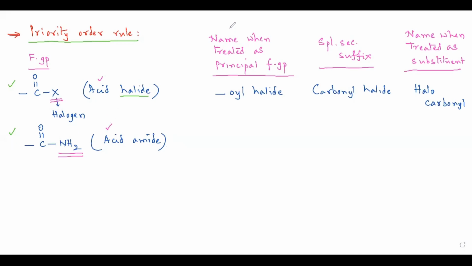These are the derivatives of carboxylic acids. Now, in this case, we call it amide, then carboxamide, and when treated as substituent, we call it carbamoyl. Carbamoyl.